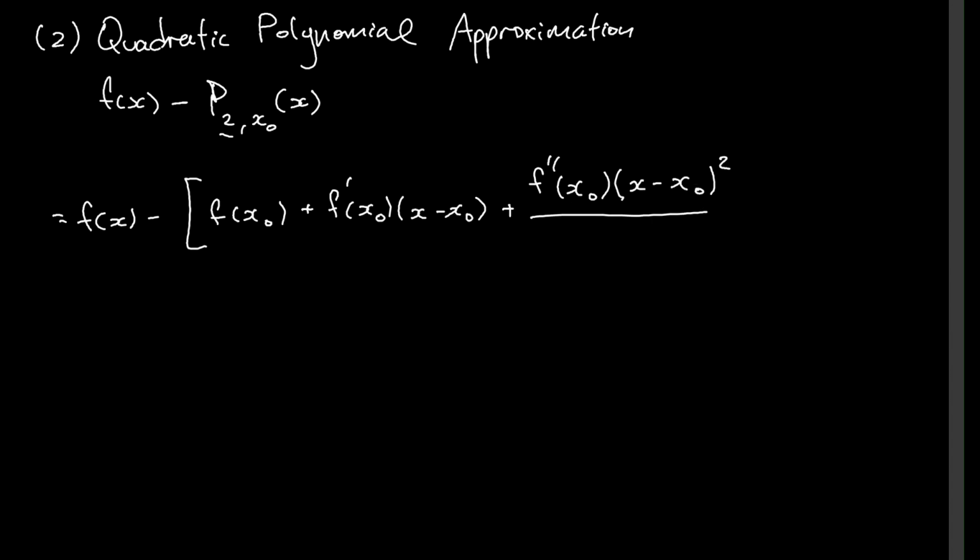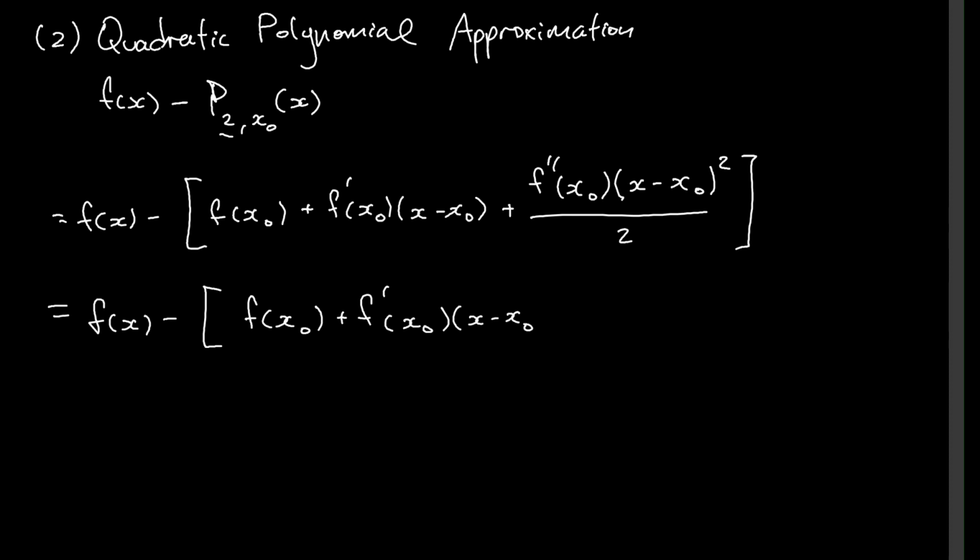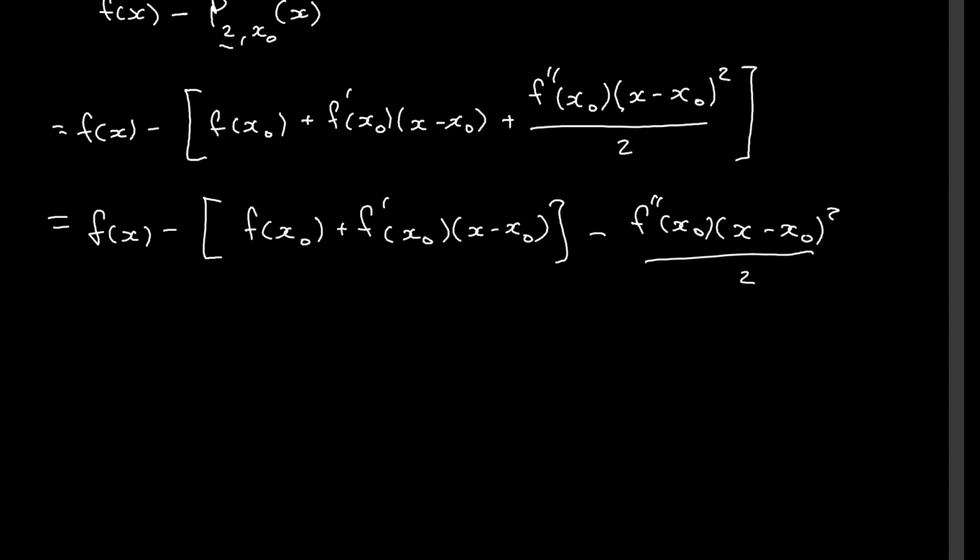Bam. So I'm going to rewrite this as f of x minus f of x naught plus f prime of x naught times x minus x naught, minus this stuff right here. We know from before that this is just the same as the linear approximation of the function.